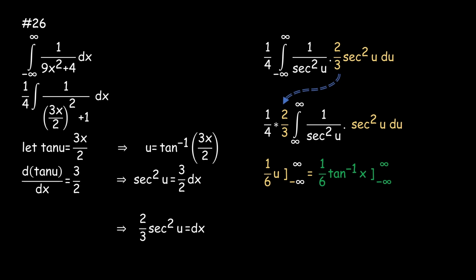Now, here's the fun part. We need to find the limit of this function as x tends to infinity and negative infinity. If we use the graph of tan x, we'll see that as it approaches positive infinity, it gets to positive pi over 2. And if it approaches negative infinity, it gets to negative pi over 2.